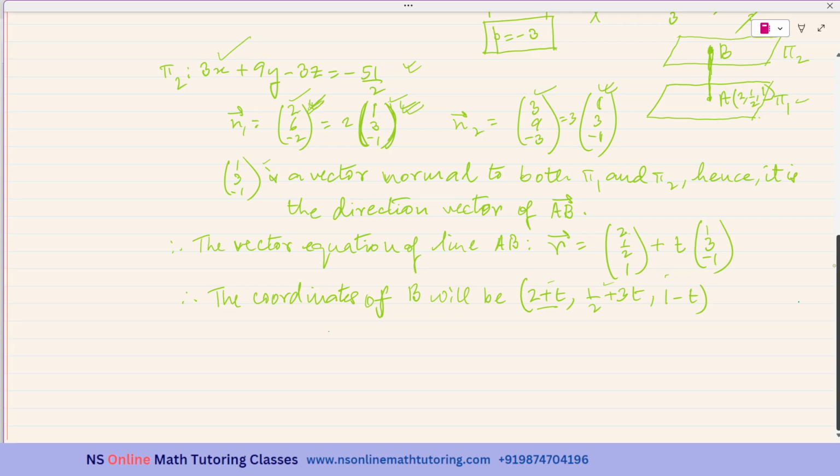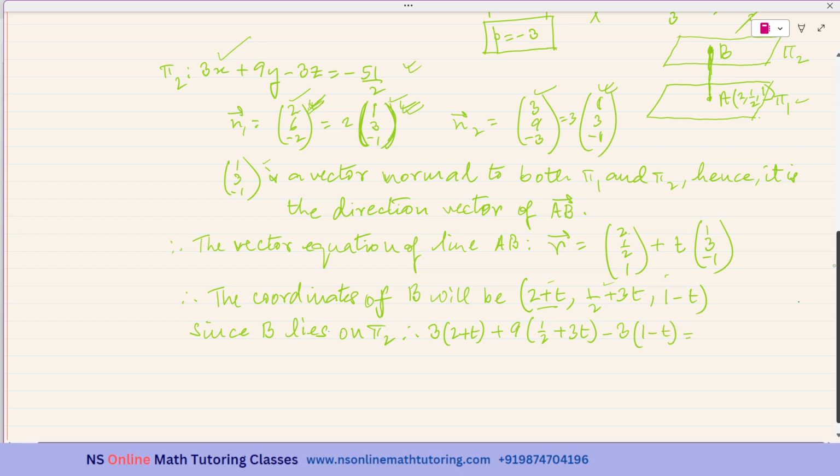So, since B lies on pi 2, therefore, 3 times (2 plus t) plus 9 times (half plus 3t) minus 3 times (1 minus t) equal to negative 51 over 2.